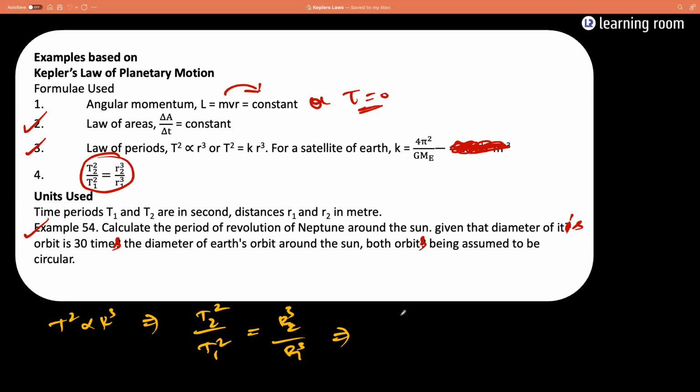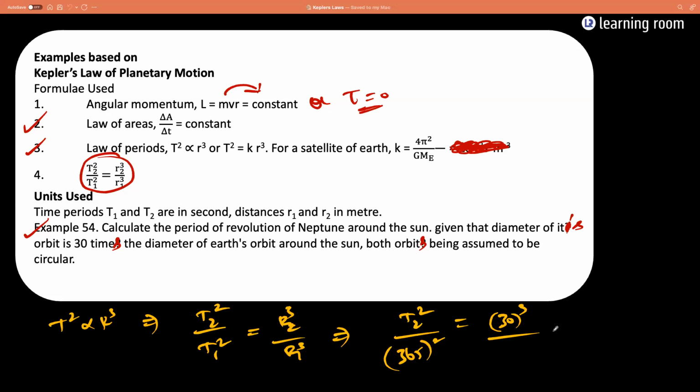T2 square is what I need to find, divided by the time period of Earth, 365 days, which it is going to complete. 365 square is equal to R2 cube, that is 30 times Earth's.